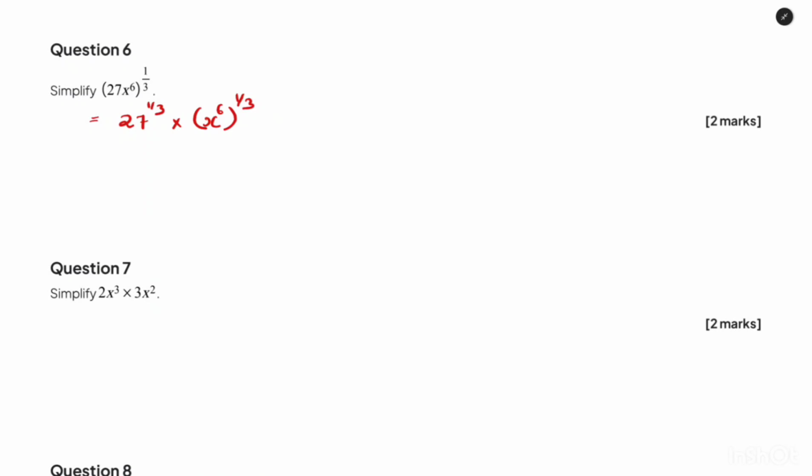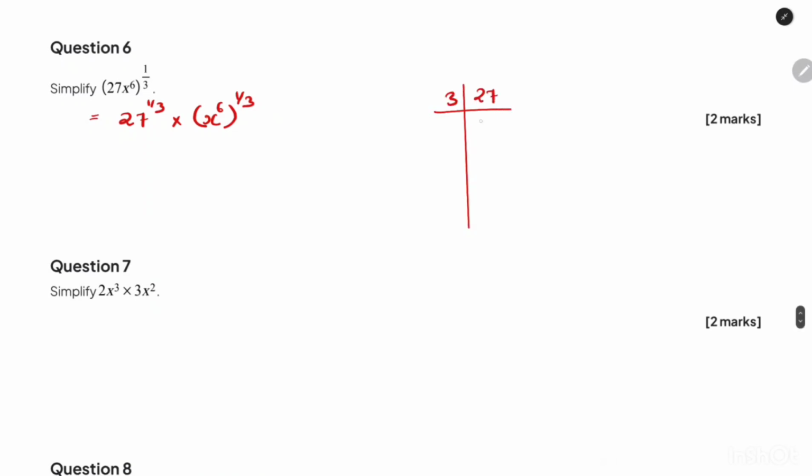But now here, those of you who have already watched that video, look at here, 27 raised to 1 by 3. So here the power is in fractions. To solve that, I'll do the prime factorization of 27. It is divisible by 3, so 9, then divided by 3, so 3, 3, so 1.